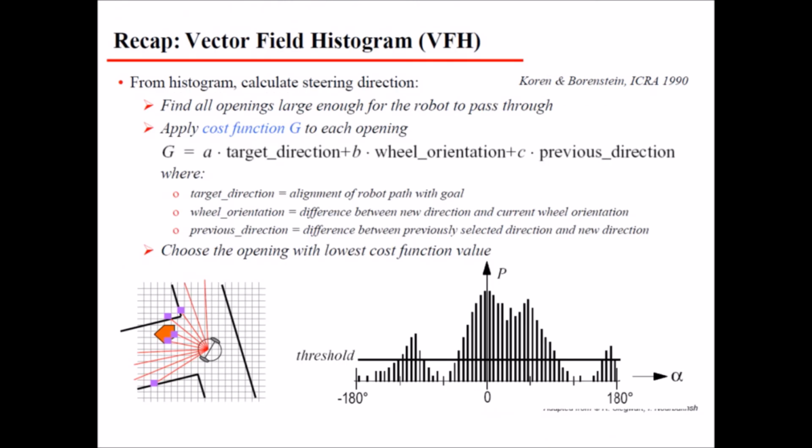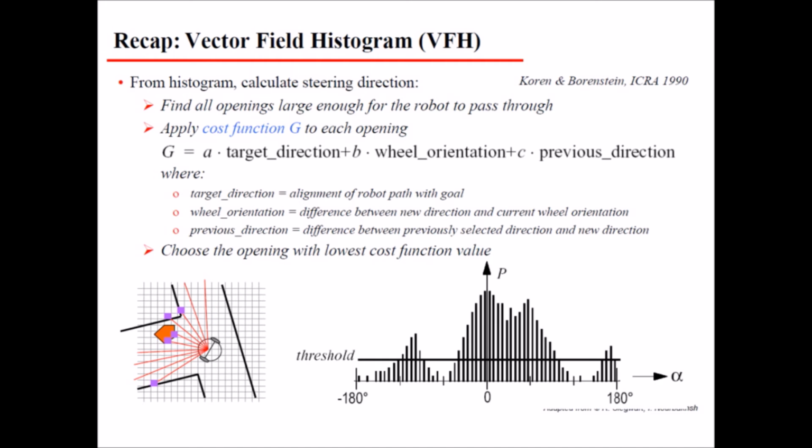The next part is that we need to select the threshold. When we select the threshold, any value of the polar density that is lower than the threshold will be 0. So for this case, we don't have any value here, and we don't have any value here, so only this part will remain. In order to determine the steering angle, G is based on A, B and C, which are constant values.